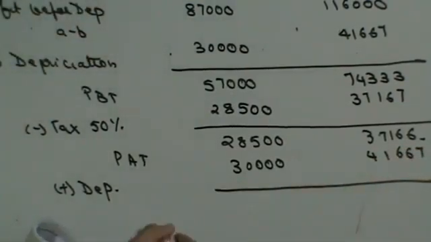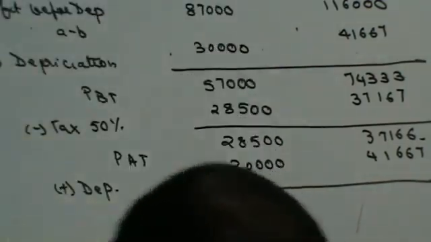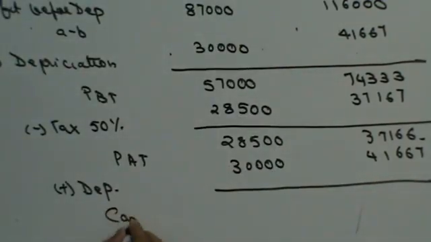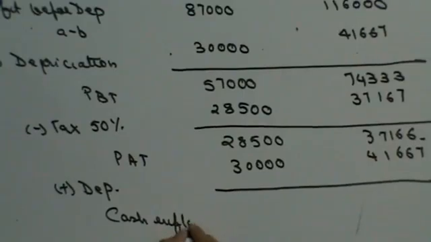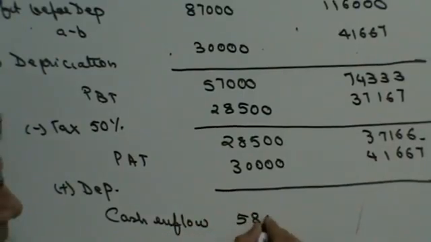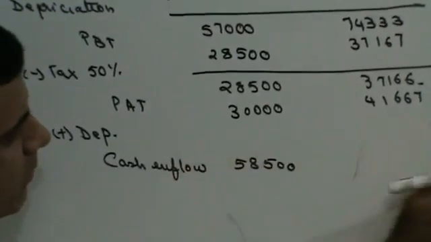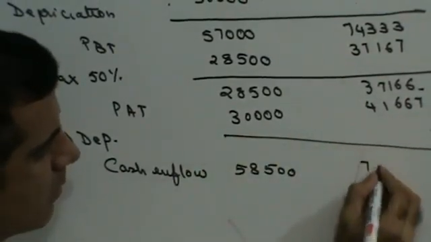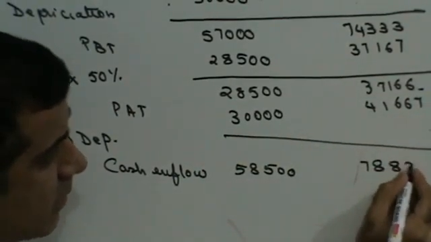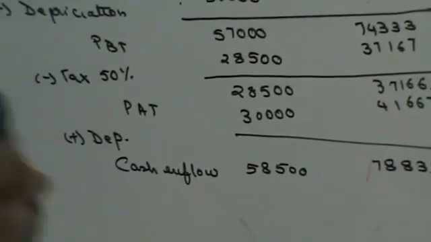This will give you your cash inflow, that's 58,500 and 78,833. Okay. Now, once you have your cash inflow, then you can find out your payback period.